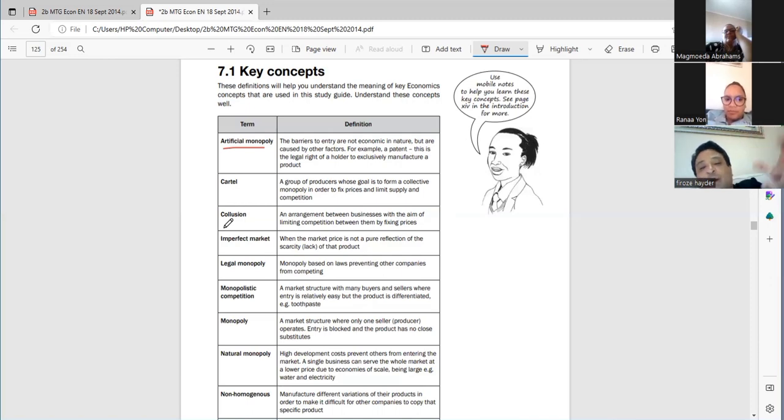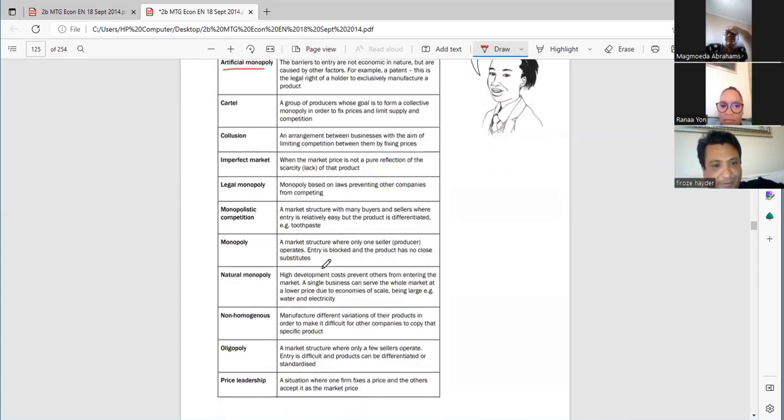You are arranging between the other companies what prices you can make, which is actually illegal. It's illegal to collude, but it is actually happening. Now these three are very important: artificial monopoly, cartel, and collusion. I'm not going to go through the others because I need you to look at them on your own.